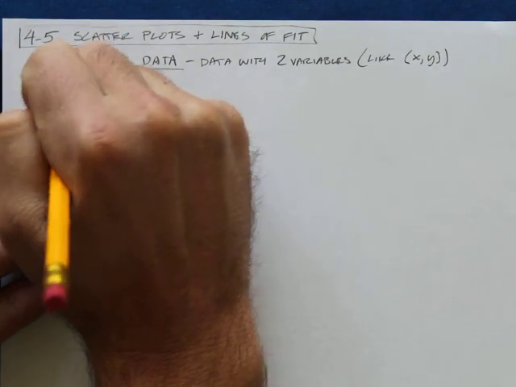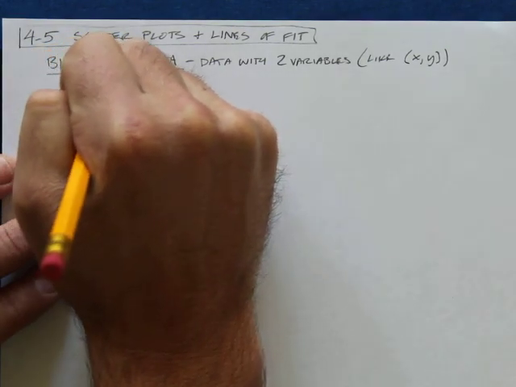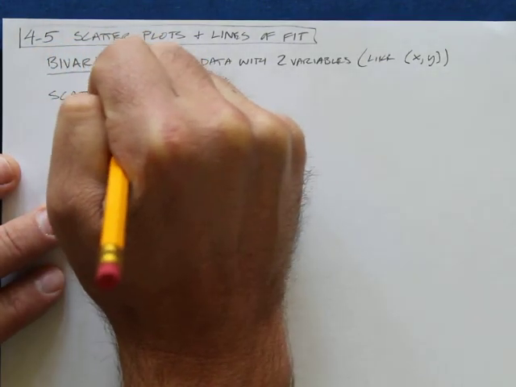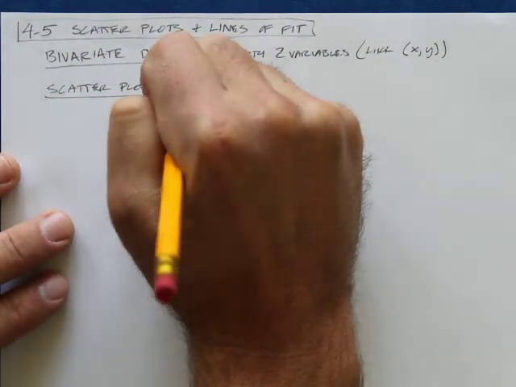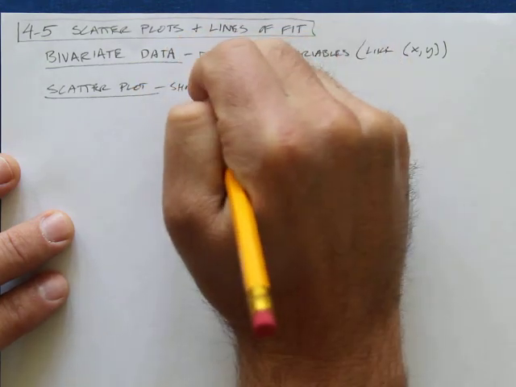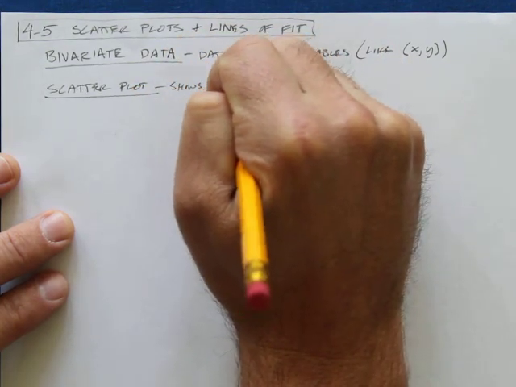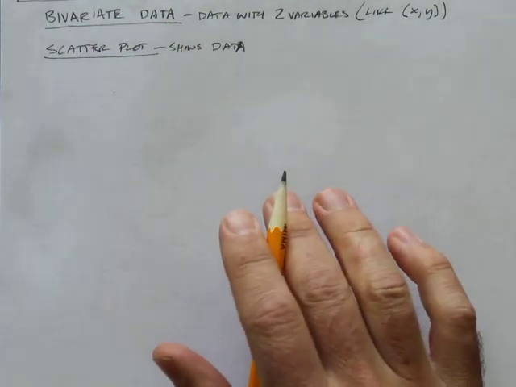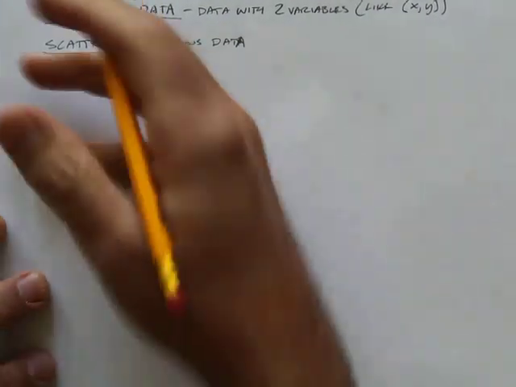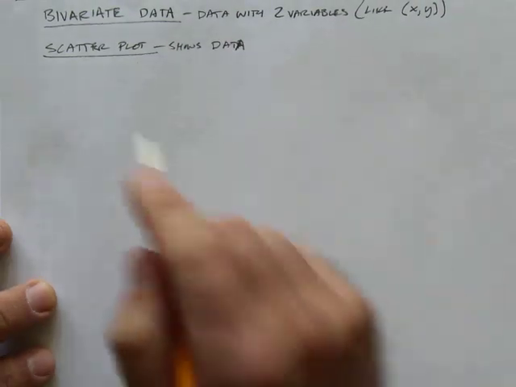And then a scatter plot. A scatter plot shows the data. All right, so we're going to look at three versions of what a scatter plot might look like.